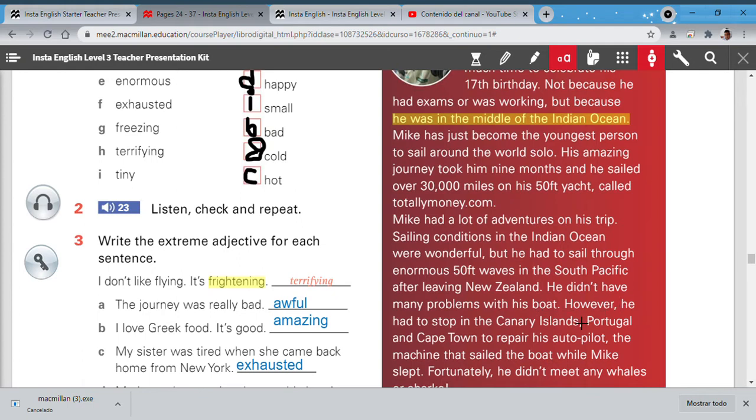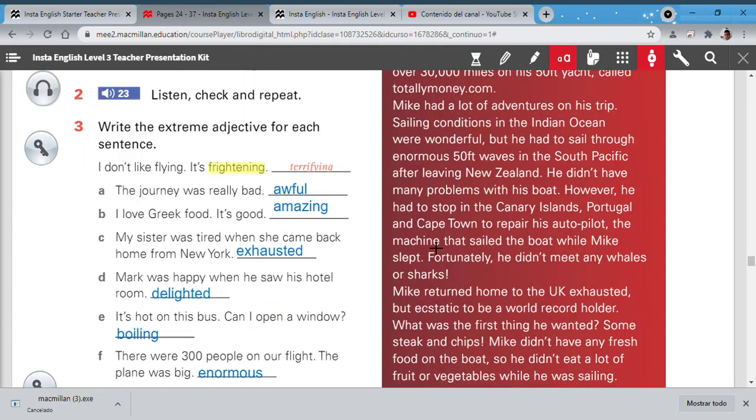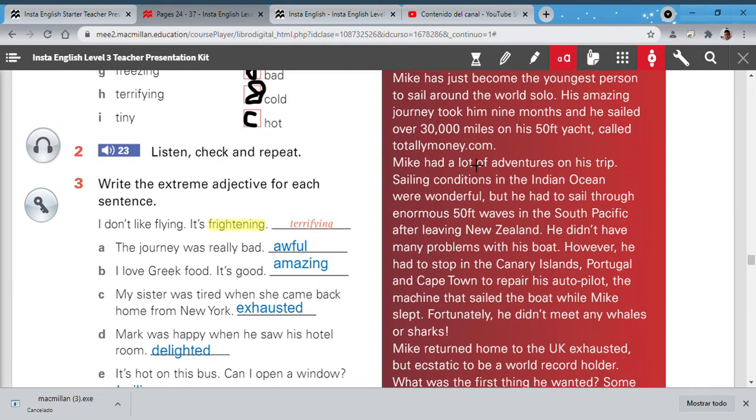Yes, he was the youngest person to sail around the world solo. Here is the answer. Mike has just become the youngest person to sail around the world solo.